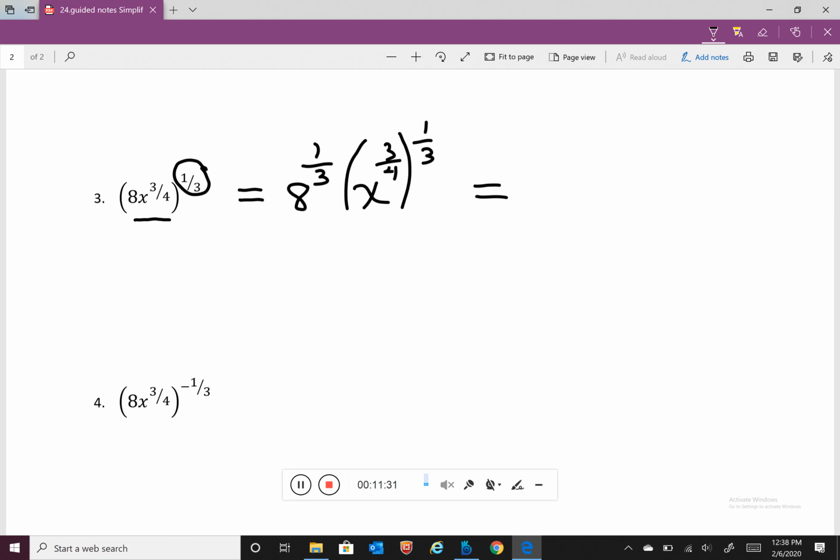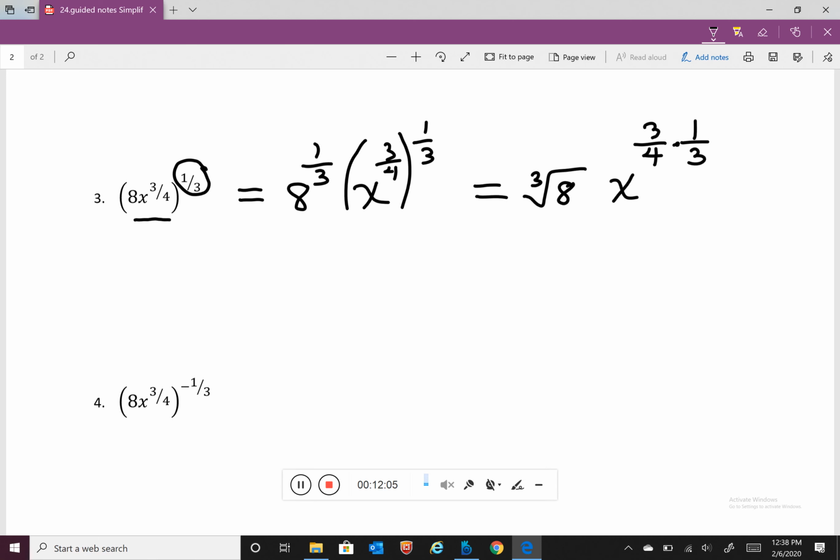Now we've been working with rational exponents for simplifying numeric bases, and we can do so by remembering that an exponent of 1/3 actually means cube root. So we have cube root of 8, and then we're going to use our exponential rule for x to the 3/4 raised to the 1/3, which is our power rule. Raise a power to a power, we're going to multiply those exponents.